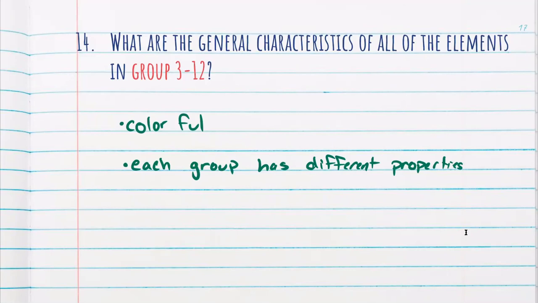What's really cool about these metals is that they include some of the more well-known metals, like gold, silver, and copper, all really popular in jewelry. And it just so happens that they're all in the same group, right?